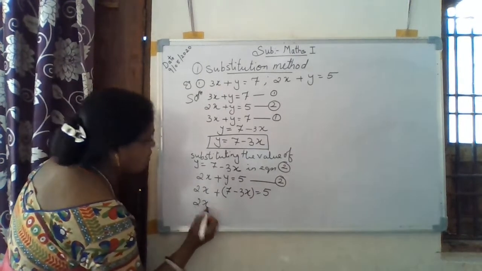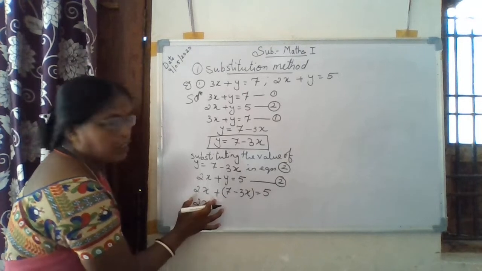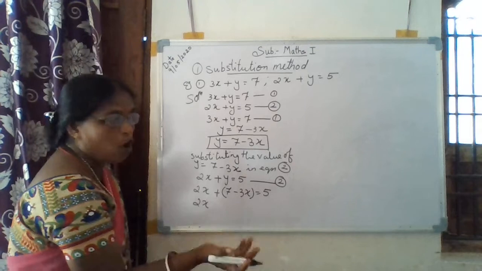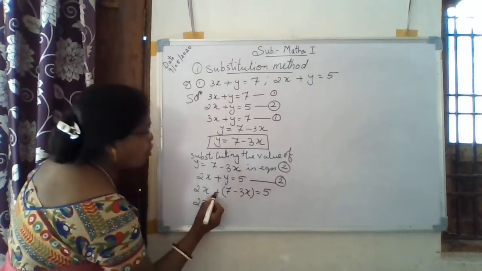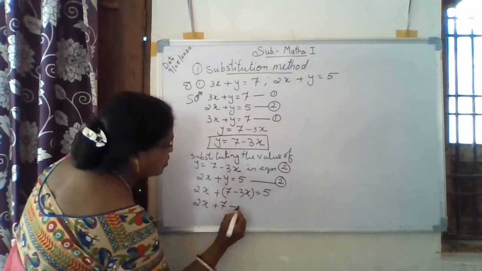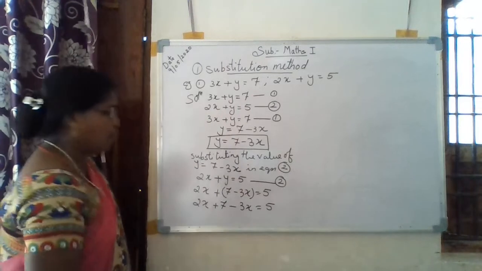So 2x, now open the bracket by multiplying it by the sign which is outside, either plus or minus, whatever it is. So plus into plus, it is plus 7, plus into minus, it is minus 3x. This is equal to 5.